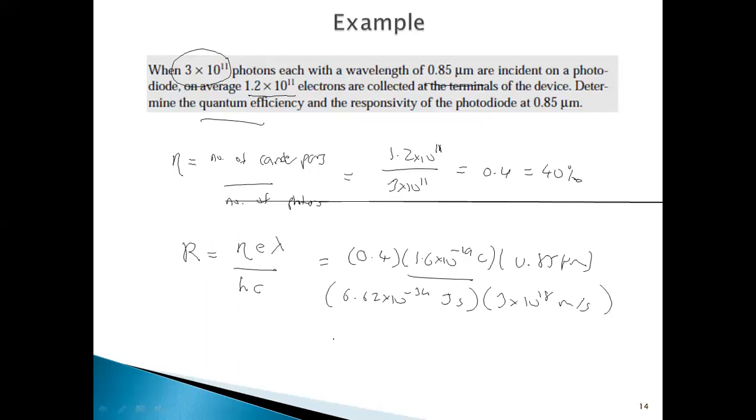From this, we can calculate that R for this particular photodiode will be equal to 0.274 ampere per watt. That will be your responsivity for the given example here.